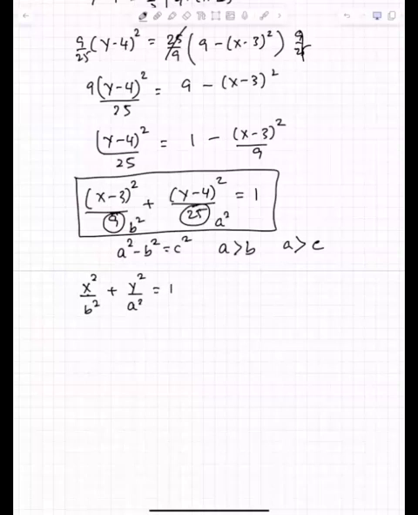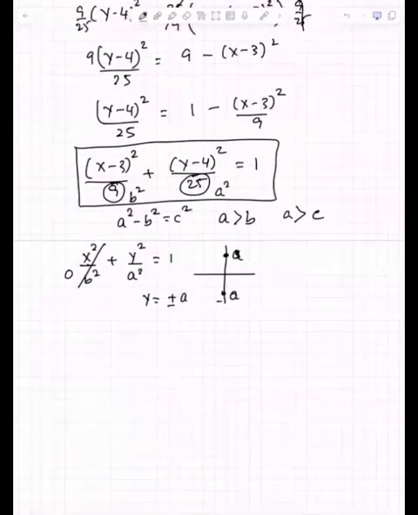If you replace x with 0, we get y equal to plus or minus a. So the a's are your y-intercepts, and that's being shifted. Basically your a's are on the vertical.